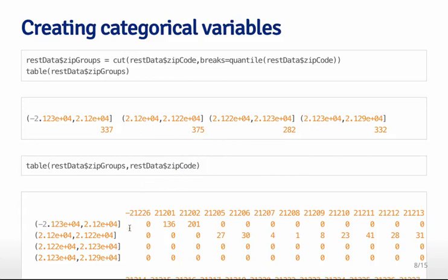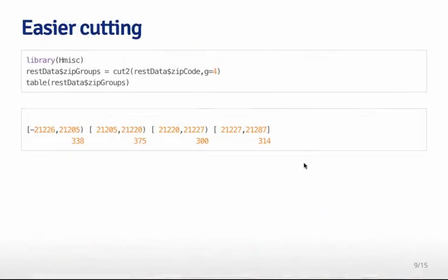Then I can make a table that shows you which of the zip codes fall into which of these different clusters. You can see the low values fall into the first cluster, and the medium values fall into the next cluster, and so forth. So this breaks a quantitative variable up into a categorical variable.